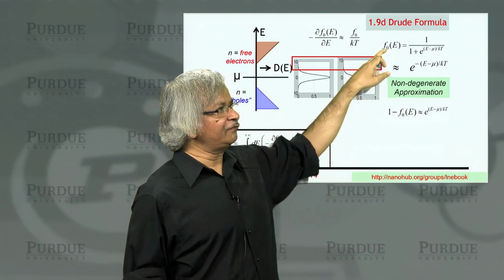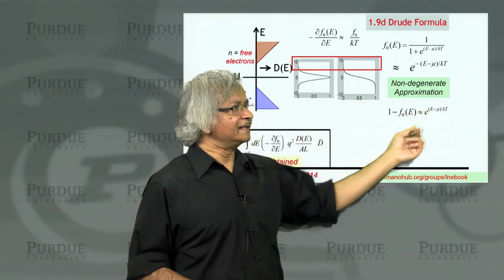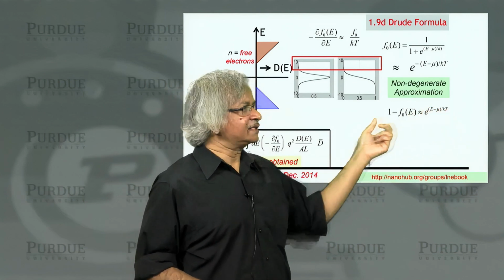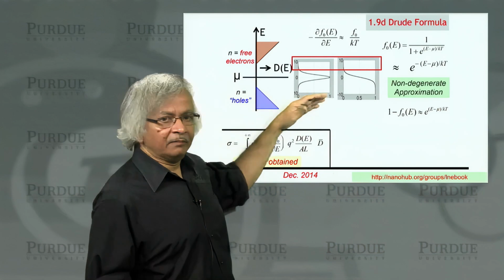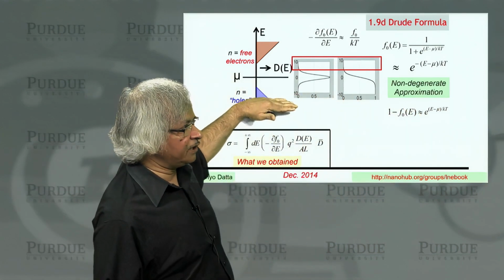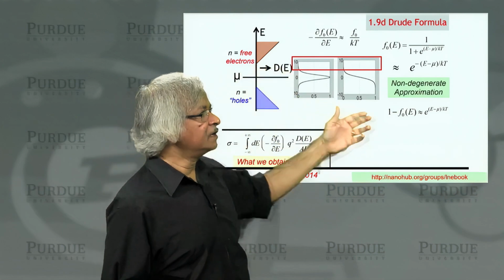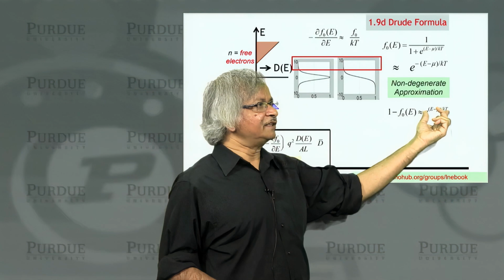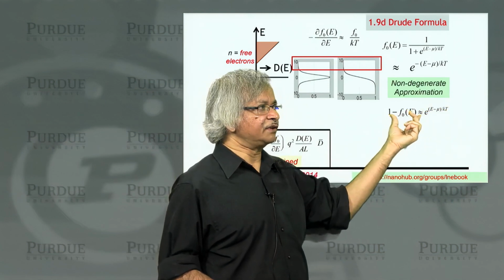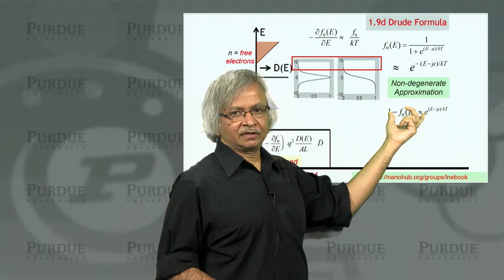You take f, write out 1 minus f, and then assume that this E minus mu over kT is this large negative number. So the E's we are talking about are somewhere here, mu is here. So E minus mu is a negative number. So what you can show is you have this exponential of a large negative number, this 1 minus f0, and this approximation then can be used.